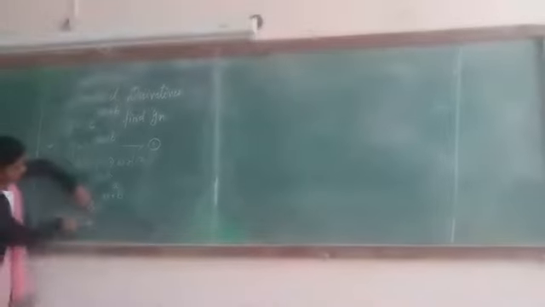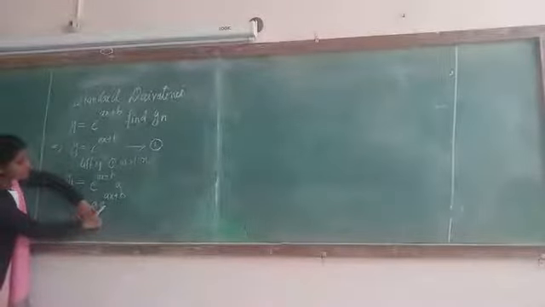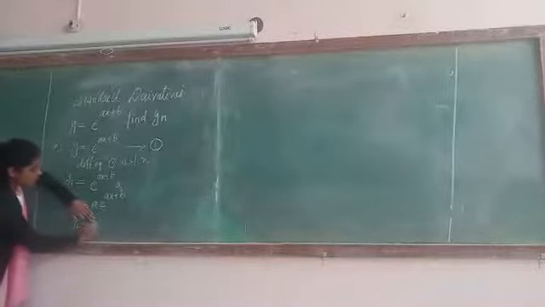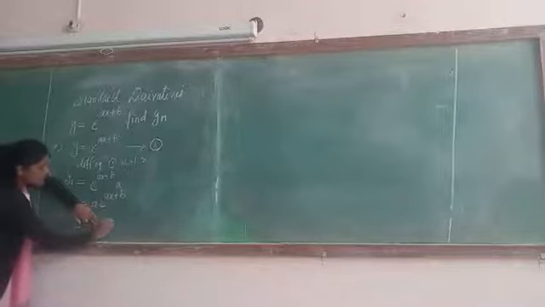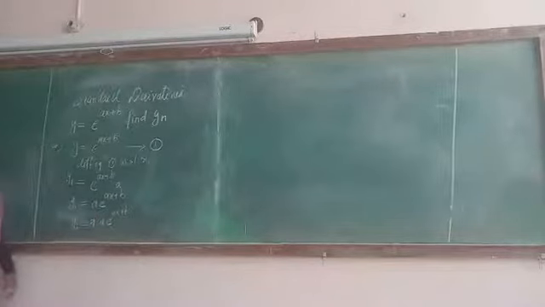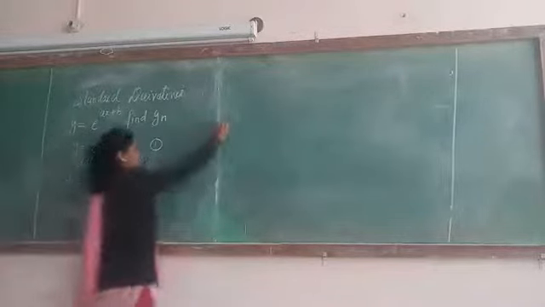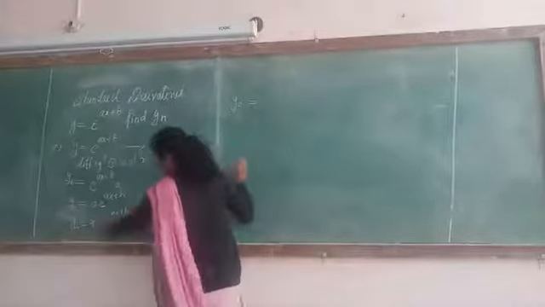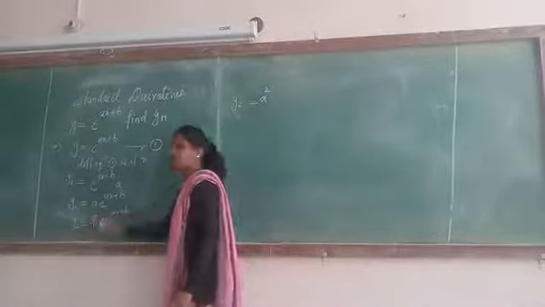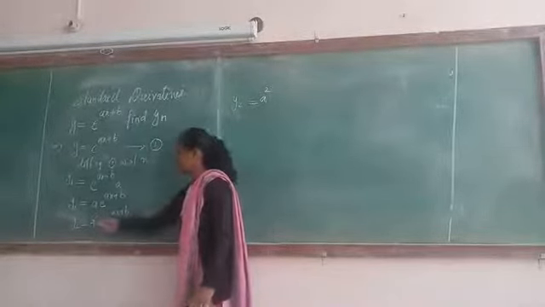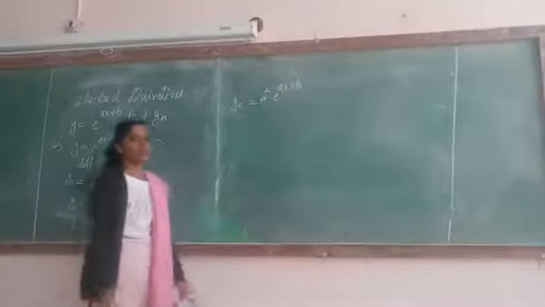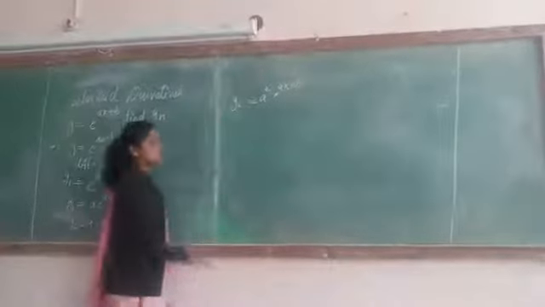Now again derivative of e to the power ax plus b: we have to multiply the coefficient a, and e to the power ax plus b remains. So y2 is equal to a into a, which is a square, because when the base is same, we add the powers. Power of this is 1 and 1, correct? So a square e to the power ax plus b. This is the second order derivative.